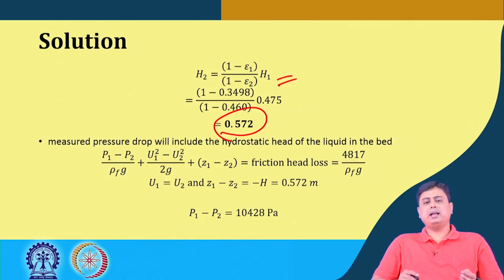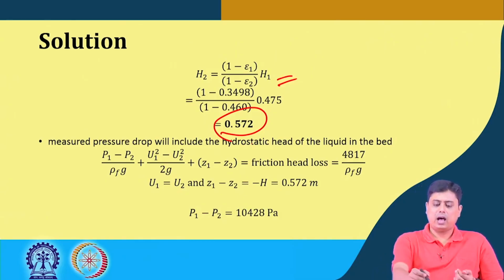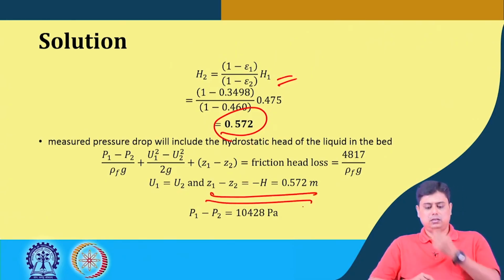So, if we apply the mechanical energy balance between point 1 and point 2, point 1 being the fixed bed condition, point 2 being the final state or the expanded state. Now, in both the cases u is same, but there is the height difference of this much from initial to the final state.